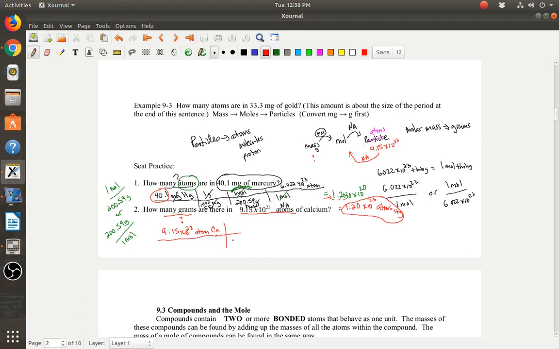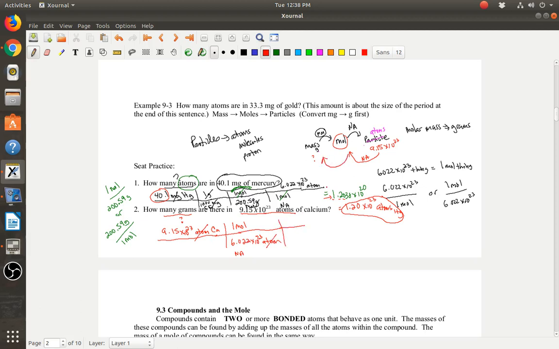I got to get rid of the atoms. I want moles. I'm going to moles, so the moles are going to be on top. 1 mole. The atoms are going to cancel. How many things, we're using Avogadro's number, are in 1 mole? 6.022 times 10 to the 23rd atoms. Now your atoms cancel.